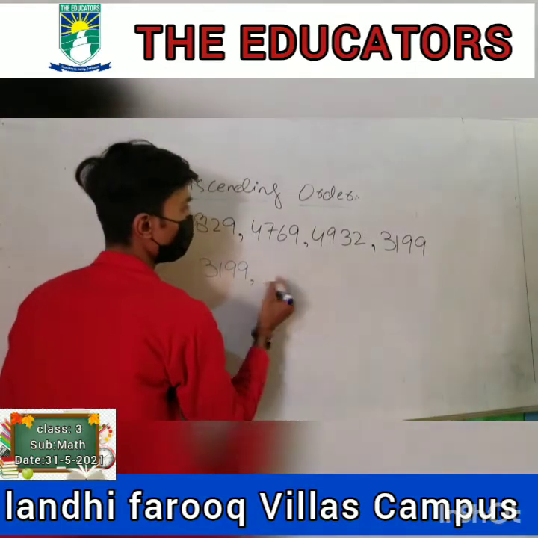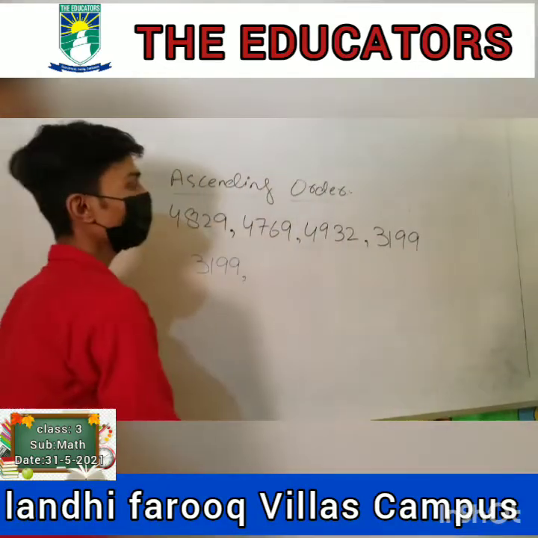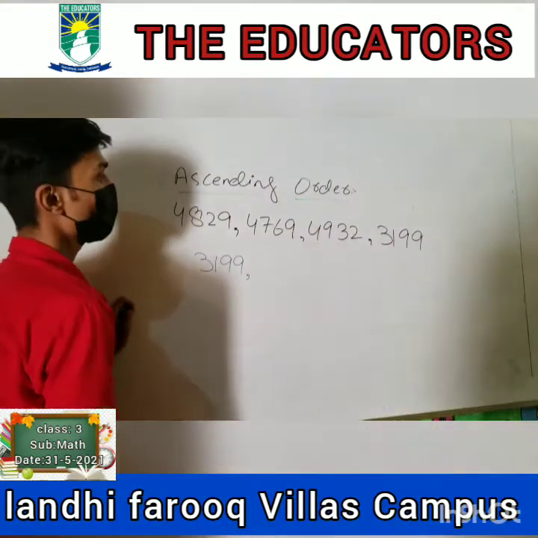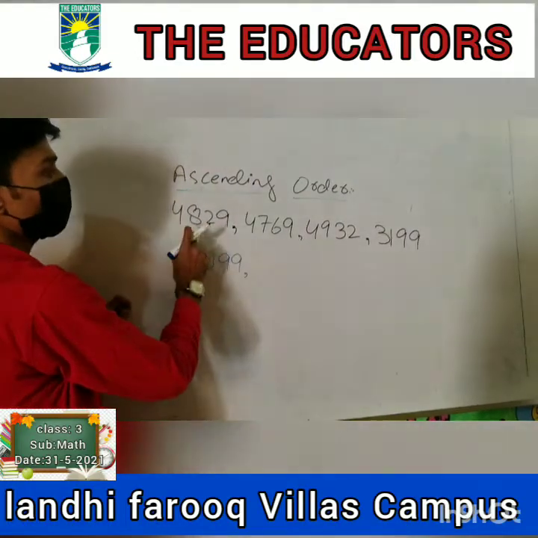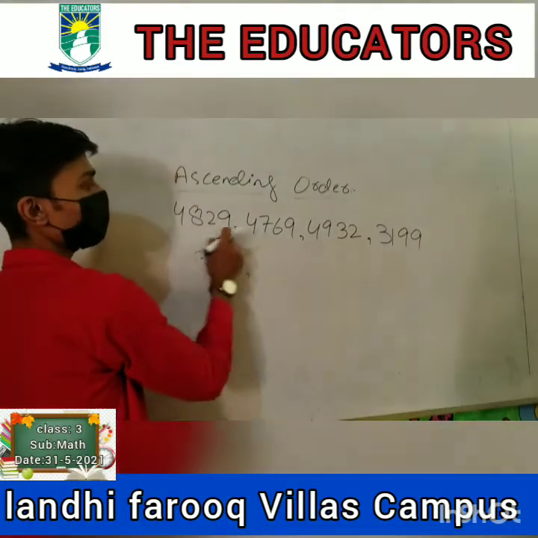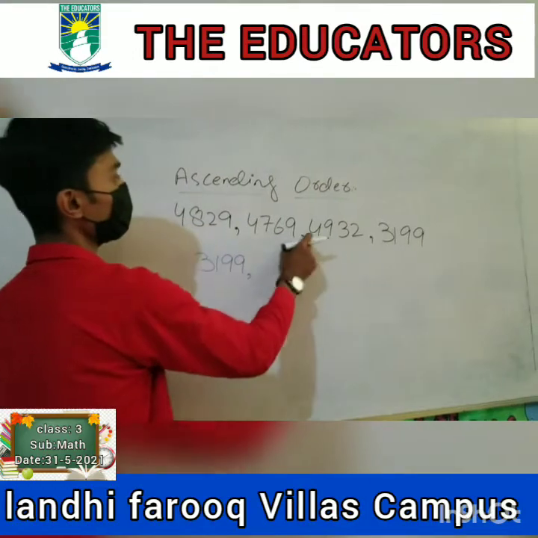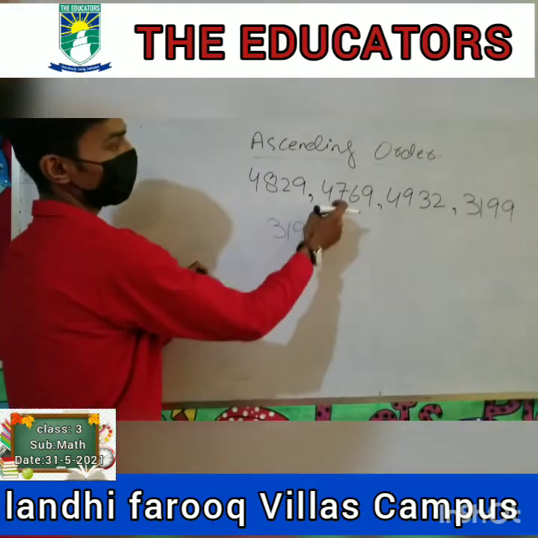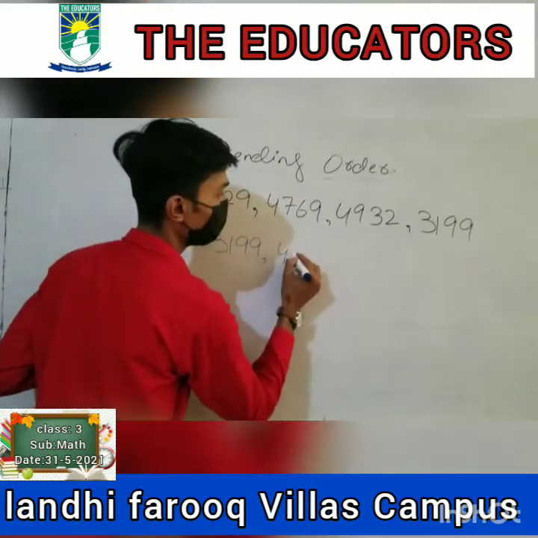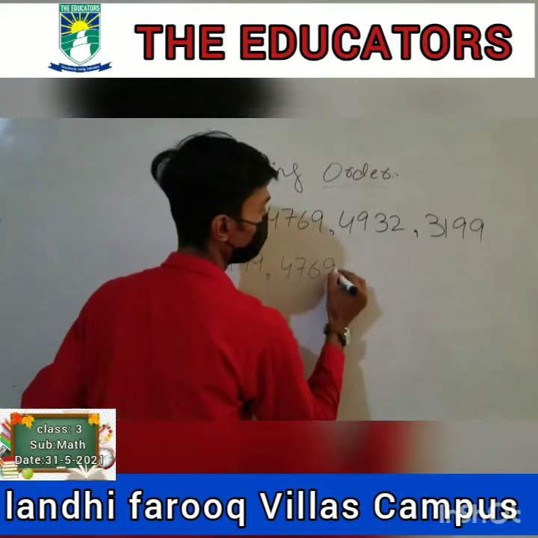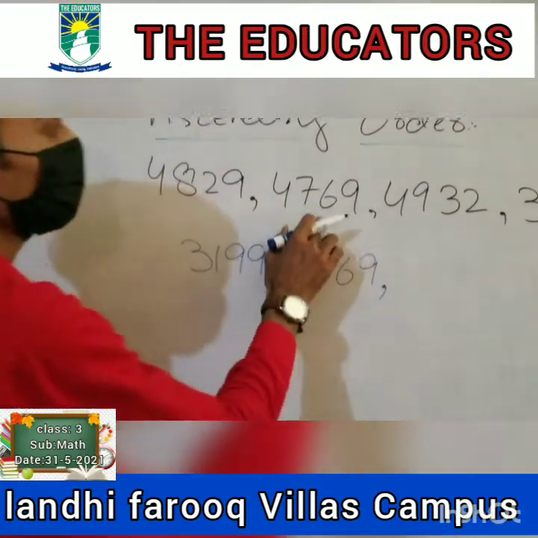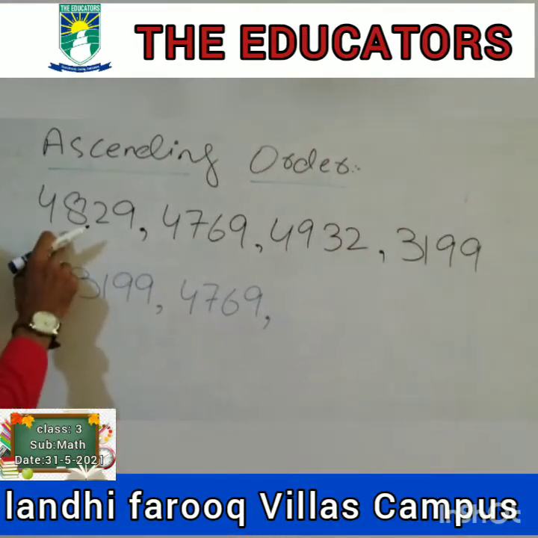31. Okay, skip this. Now we have 3 numbers. Now we check 48, 47, 49. What is the smallest number in these? 47. So we write 47. Now skip this. We have just 2 numbers, 48, 49.